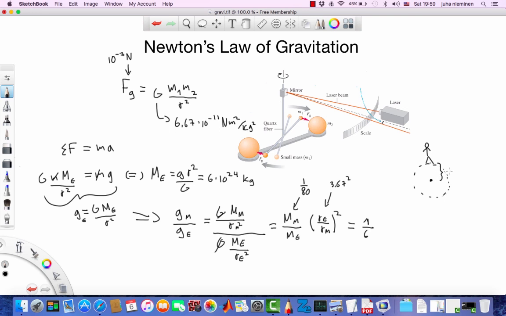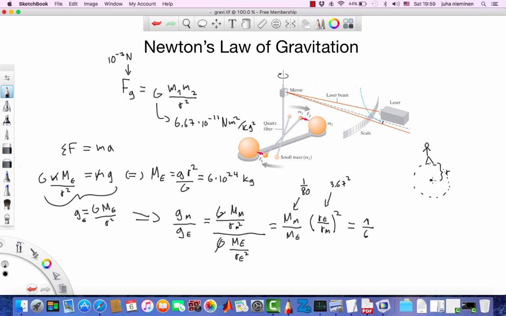And that is the reason why we only need to consider the distance to the center of the mass. And this is a nice simplification when we don't have to consider the distance of this person to all the points of the Earth separately.